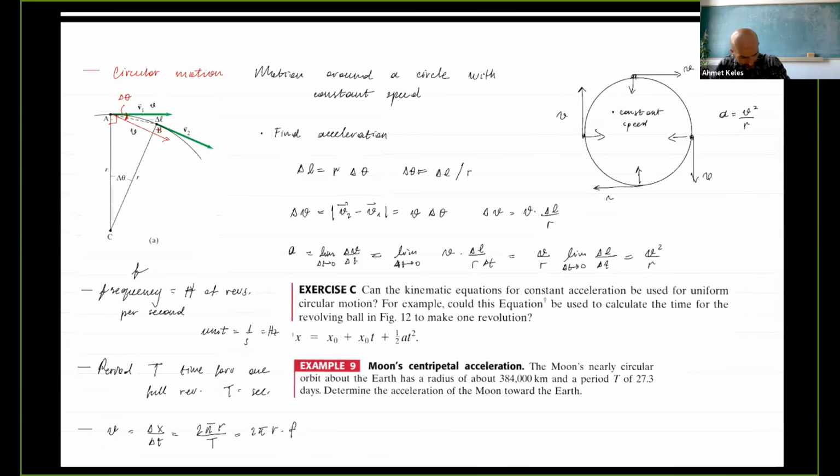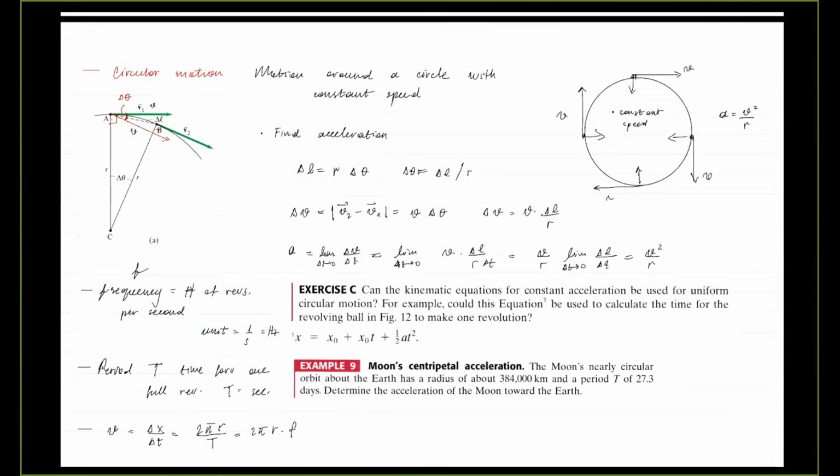So here's an exercise from your book. It says, can the kinematic equations for constant acceleration be used for uniform circular motion? It's saying that the acceleration is constant. Can we use the constant acceleration equations we derived last week? What do you think? I think no, because the direction changes.